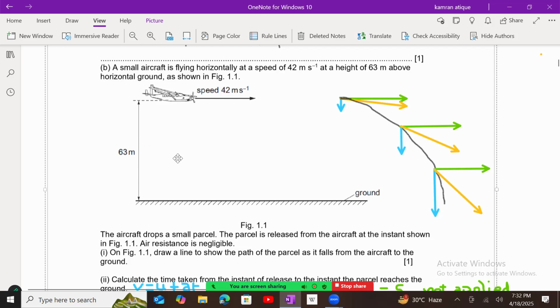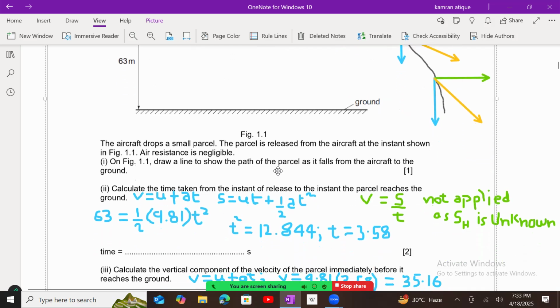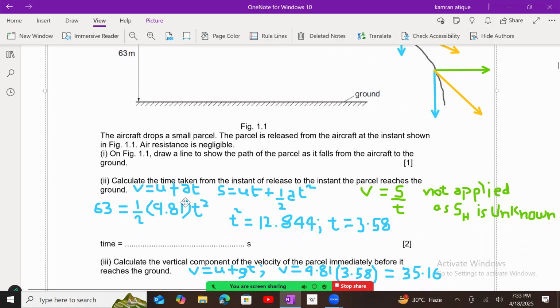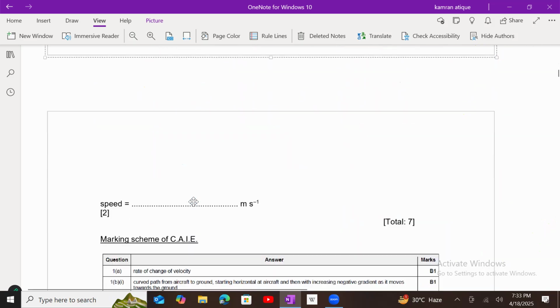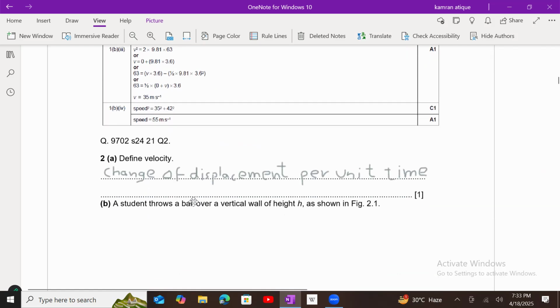So if the resultant force remained the same, it means acceleration remained the same, or it was the case of uniform acceleration. So in case of uniform acceleration, you can use your equations of motion like v equals u plus gt, s equals ut plus half gt squared, or v squared minus u squared equals 2gs. These were the queries asked from me, and I am sure that I have answered those queries appropriately about yesterday's question.